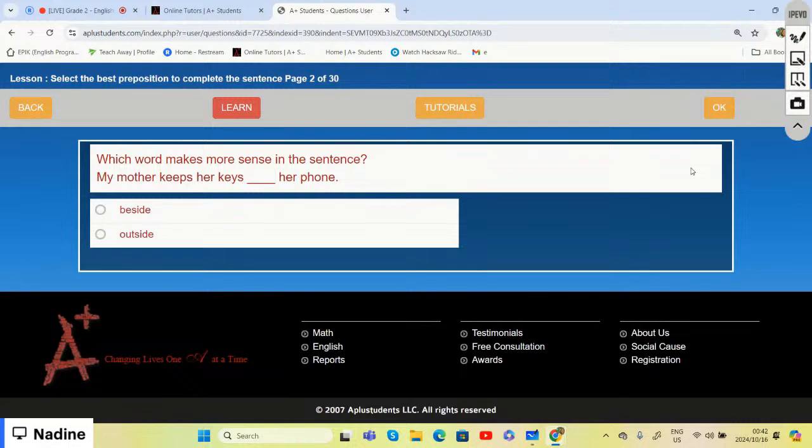All right, the next one says, my mother keeps her keys. Do we say beside her phone or outside her phone? We need to select the correct one.